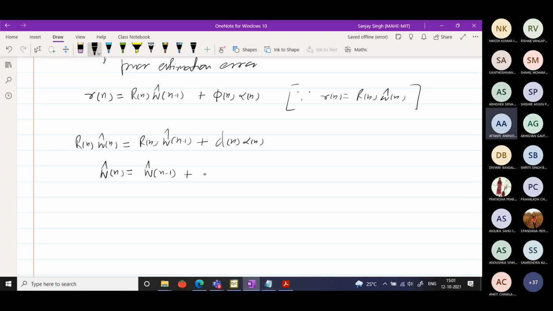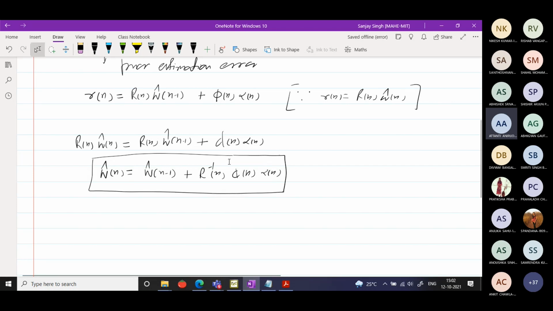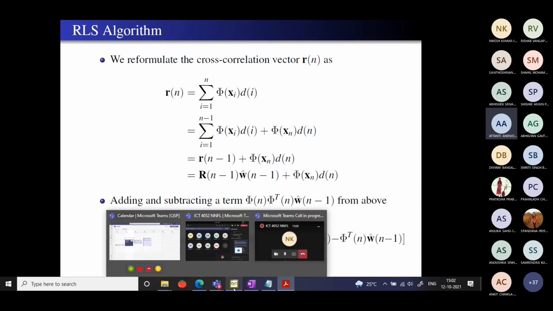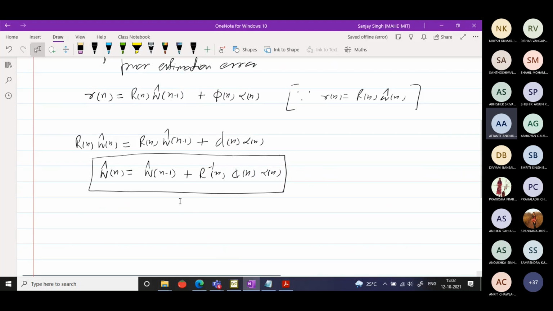So Wn equals Wn minus 1 plus R inverse n, phi of n, alpha n. This is the equation for finding the weights, that is the recursive least square algorithm.